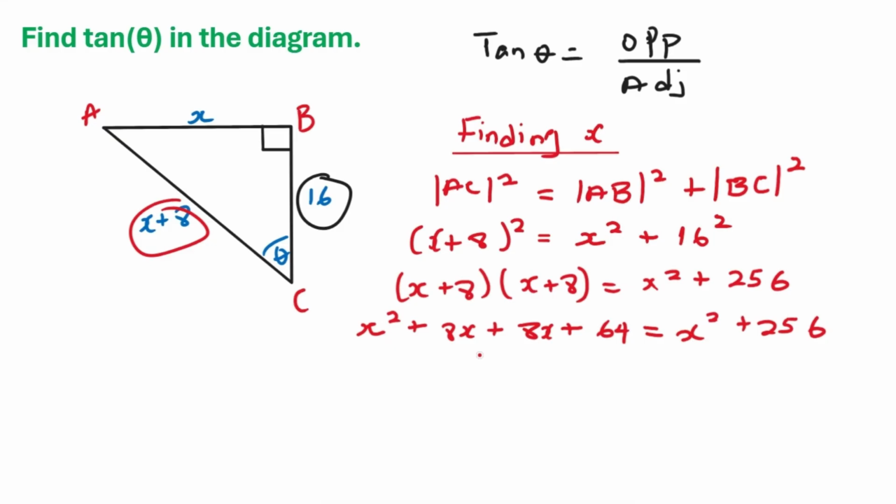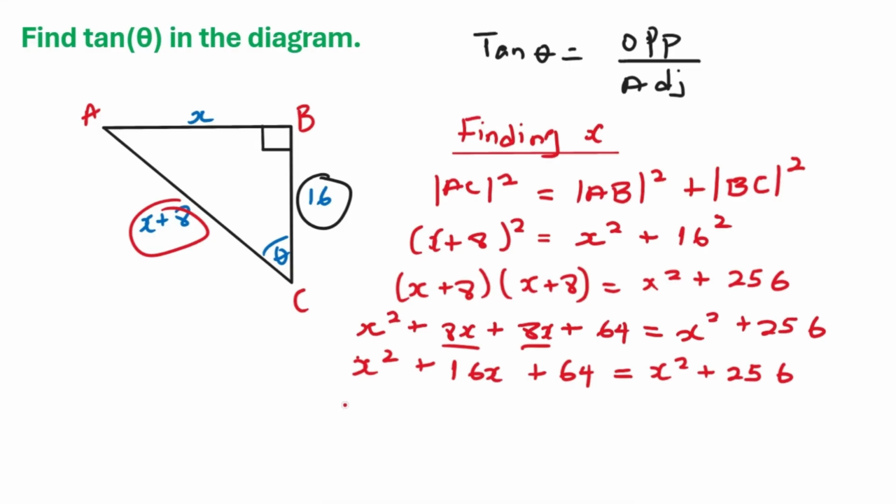We can simplify this side. So to get x squared, these two, they are like terms. 8x plus 8x will give me 16x plus 64 equal to x squared plus 256. So what we are going to do right now is group the terms with the letters on one side and the numbers on the other side. So let me group the letters on this side.